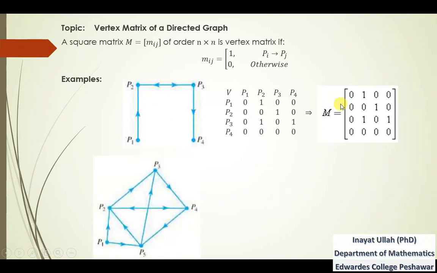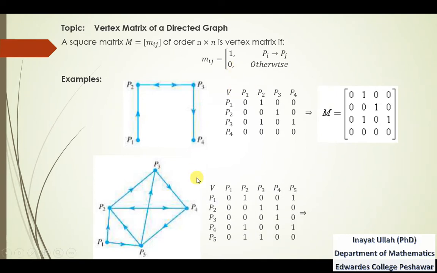Similarly, if you look at this directed graph, there are 5 vertices. So make a table with 5 vertices in the first row and 5 vertices in the first column, and examine the edges. From P1 to P1 the edge is missing, so that is 0. The edge from P1 to P2 exists, so that is 1. From P1 to P3 there is no edge, so that's why that is 0.